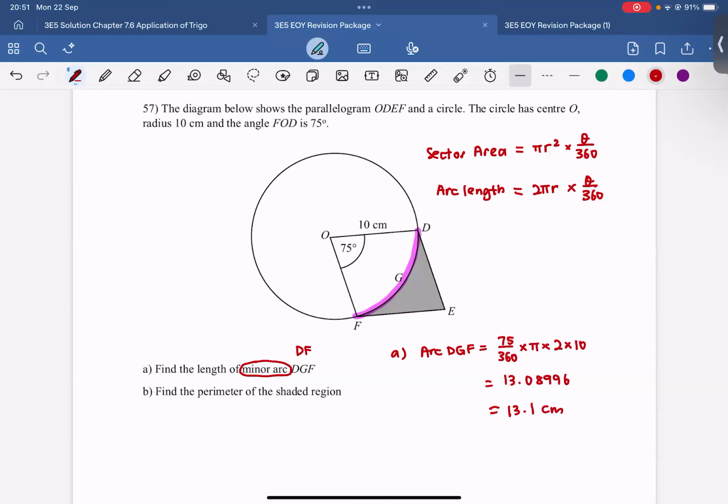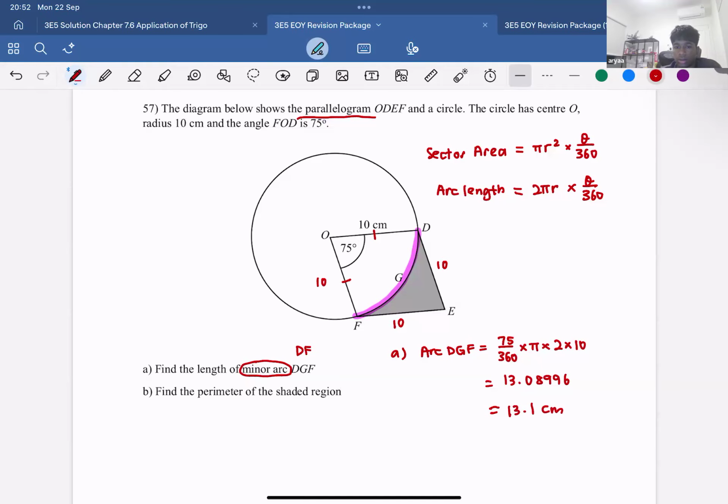Find the perimeter of the shaded region. So how to find the perimeter of the shaded region? The question says that this is a parallelogram. So if you know this is 10, if it's a parallelogram, the opposite will also be 10. Then this is a circle, so this is the radius, correct? So this is also 10.